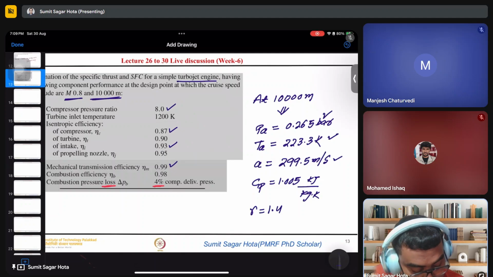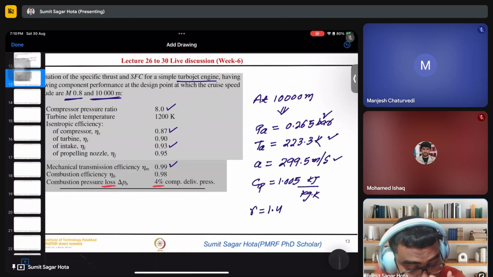The turbine and compressor are connected through a shaft, which we specifically call the transmission shaft. How much of the input power given by the turbine it can transfer to the compressor is defined by the mechanical transmission efficiency.